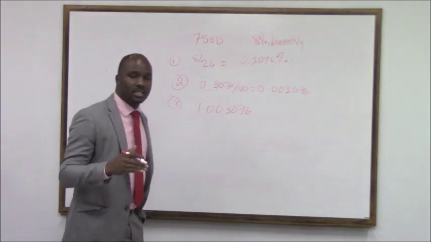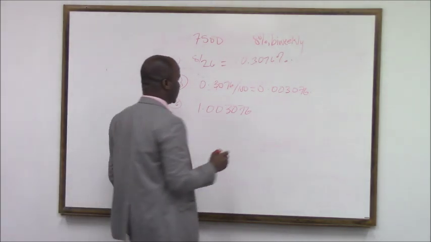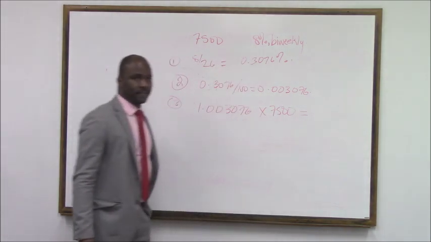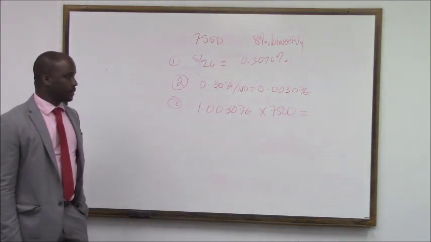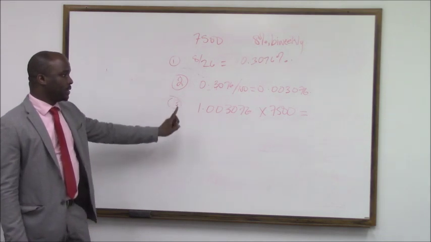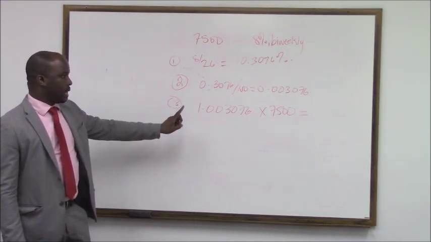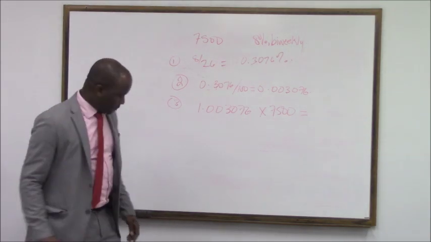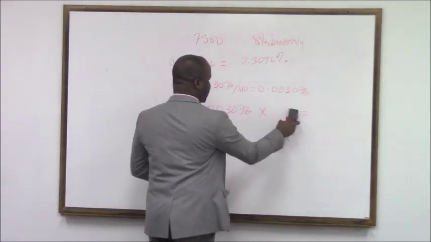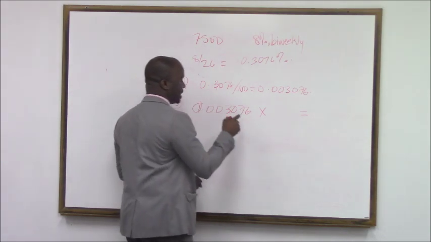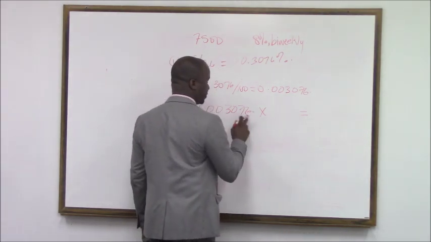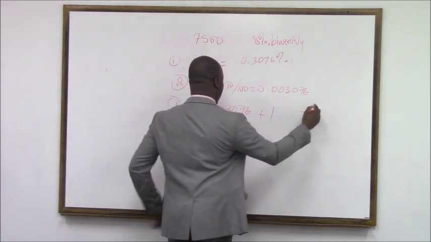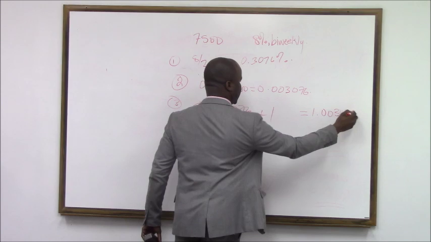To get what your balance will be at the end of the year, all you have to do is this. You're supposed to take that 0.003076 and add 1, and you get 1.003076.